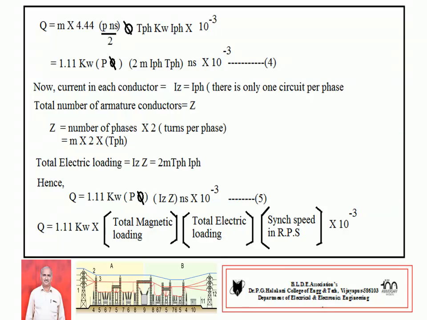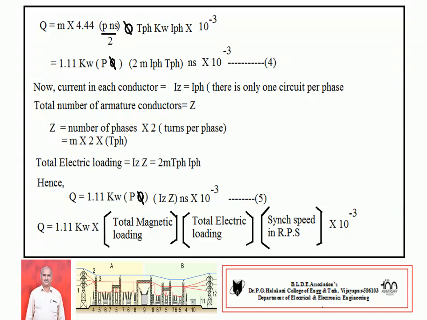Here, what is the Iz? Iz equals the current flowing through each conductor, which is approximately equal to I phase, because here we have considered only one circuit per phase. Therefore, Iz equals I phase. The total number of armature conductors is Z. So, Z equals the number of phases into 2 times turns per phase.